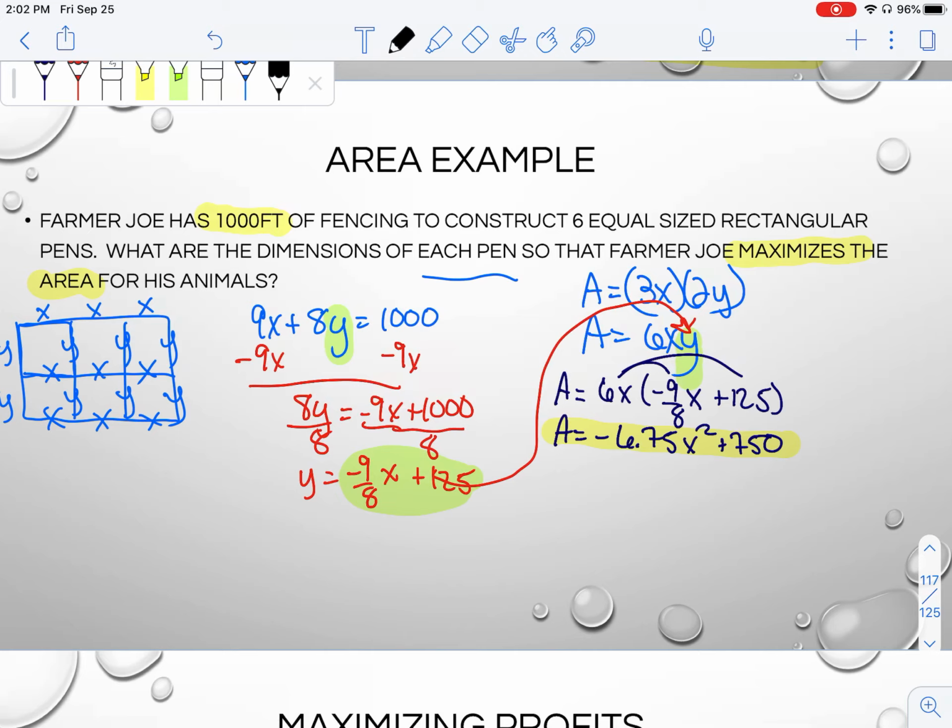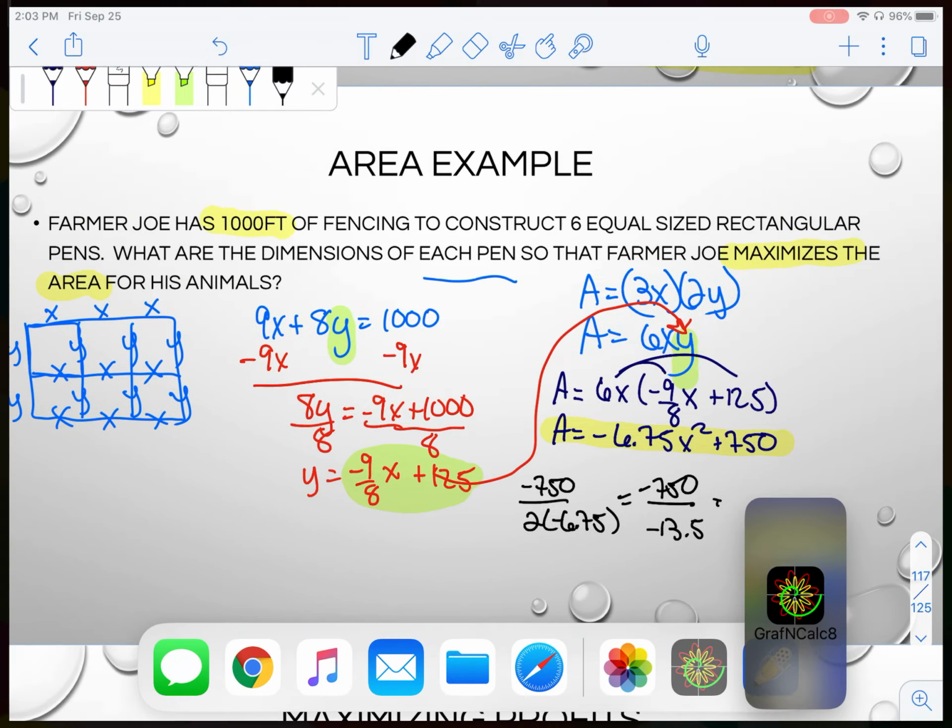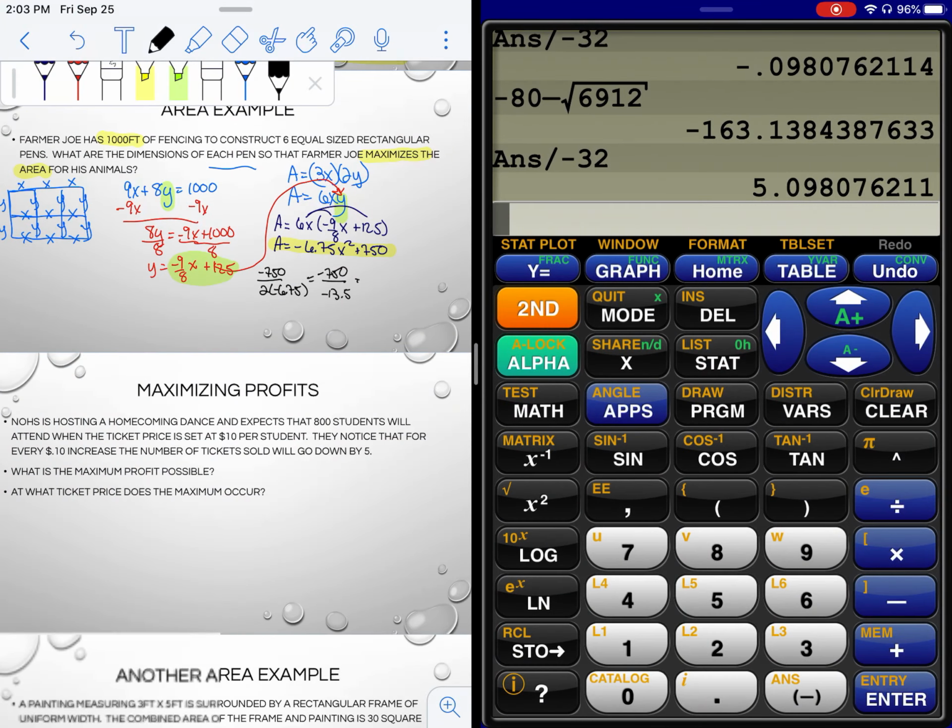So the opposite of b over 2a: negative 750 over 2 times negative 6.75. So really, I'm doing negative 750 divided by negative 13 and a half. Pull my calculator up here so you can see what we're doing.